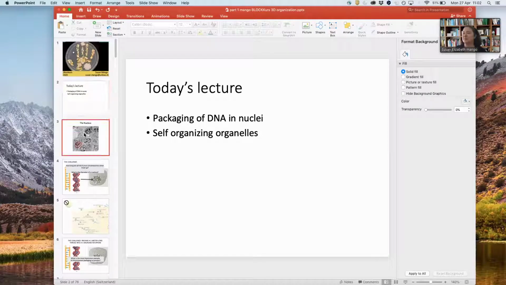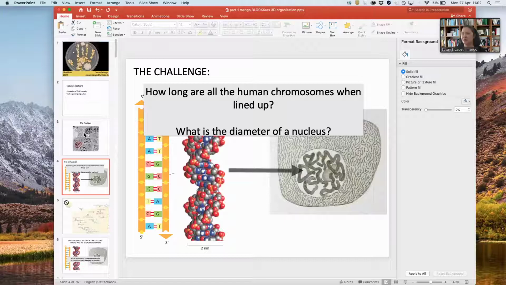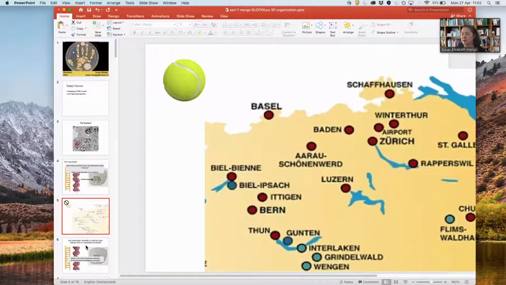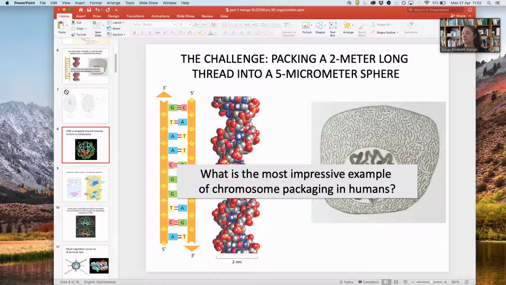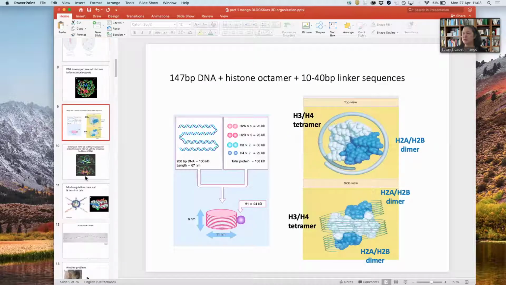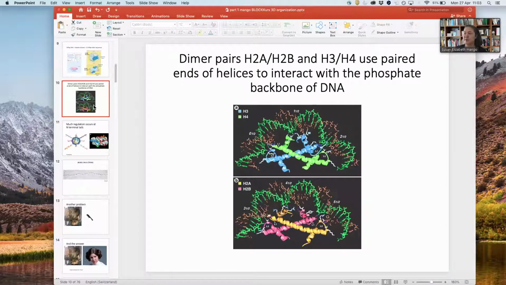So we went through this. Oh, no, we didn't go through that. This. Nucleosome. Putting together a nucleosome. Nucleosome histones interacting with DNA.